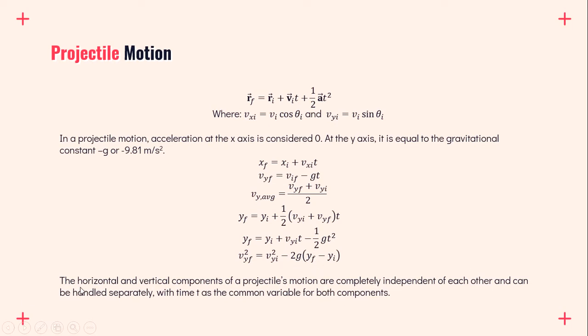So the horizontal and vertical components of a projectile motion are completely independent of each other and can be handled separately, with time t as the common variable for these components. So remember, although you treat the horizontal and vertical components as independent of each other, the time is the same for the two. If you use the value 1 second for the x component, you also use the same value for t for the y component.